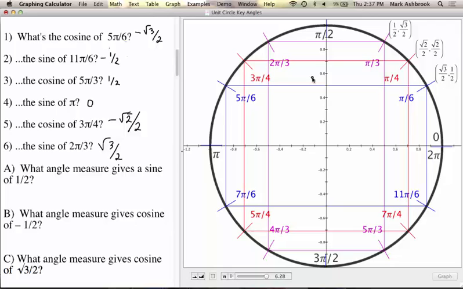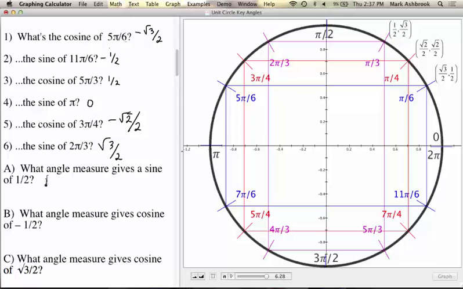Okay? All right, what angle measure gives a sine of 1/2? How would we go about this? Sean? Pi over 6 and 5 pi over 6 would be the two. Oh, there's two? Yes. Are there two answers?